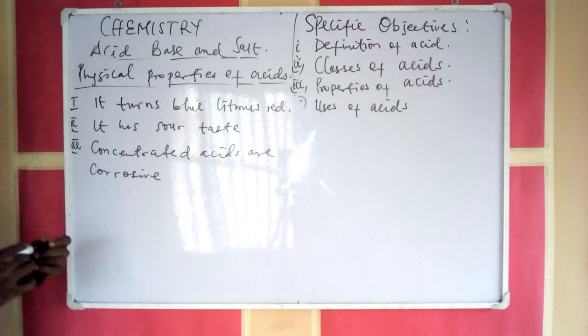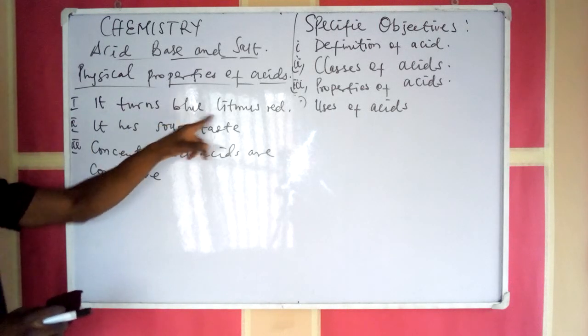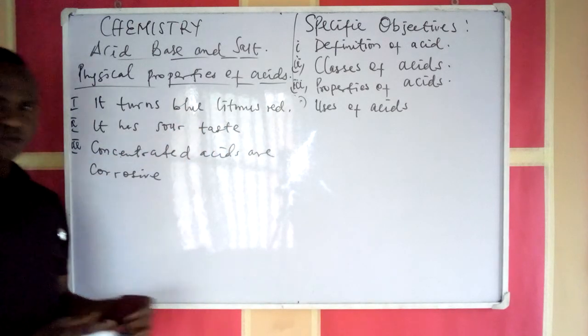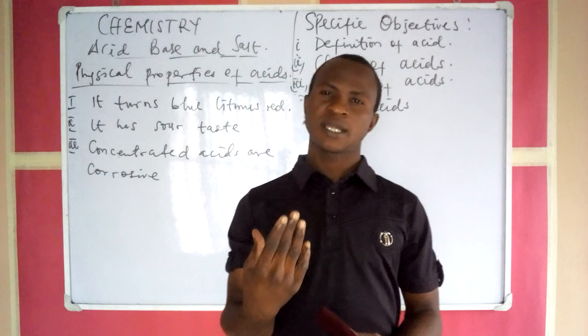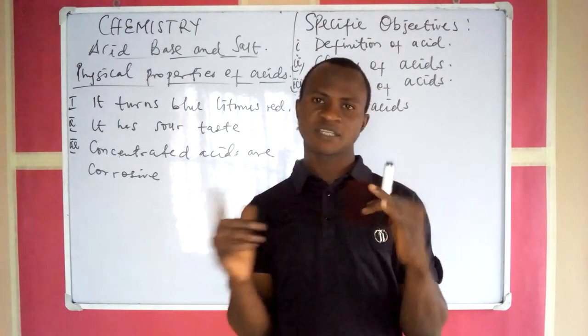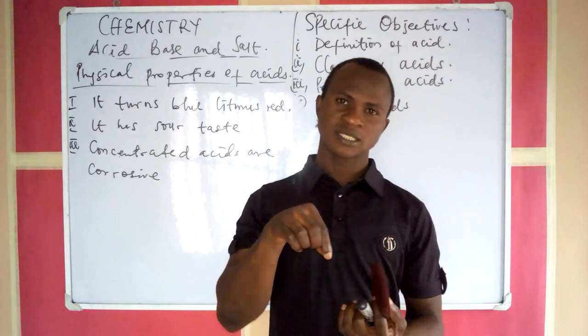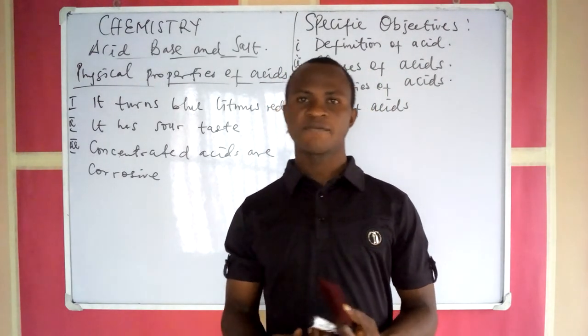Let me explain something there. Acid turns blue litmus red. Litmus is an indicator because it's a paper that, if you put the blue one in acid, it will turn to red.